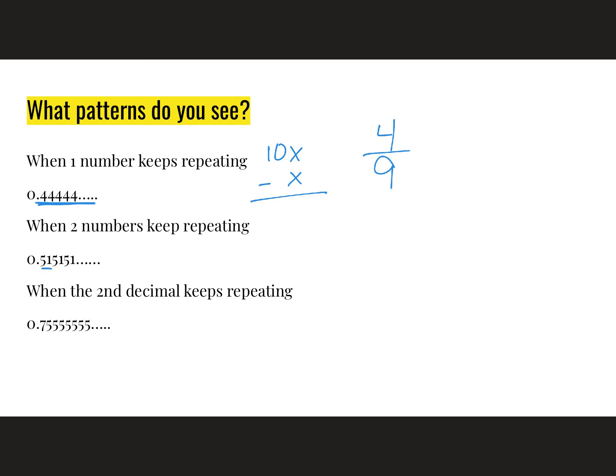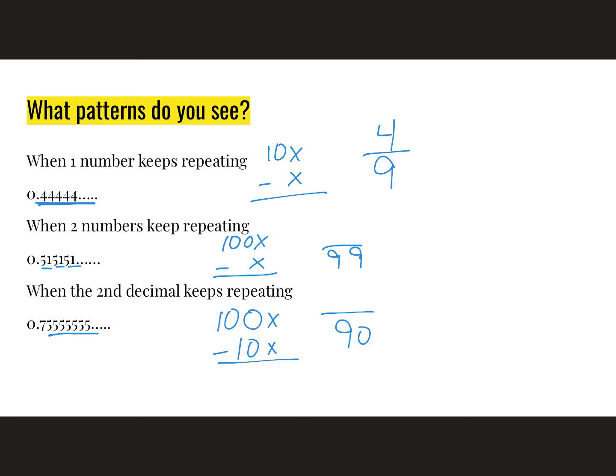When we have two numbers repeating, we do 100x minus x, so we always have a 99 on the bottom. And if just the second number keeps repeating, we do 100x minus 10x, which means we end up with a 90 on the bottom. Now, all of this, of course, is before we reduce. So please watch for these patterns.